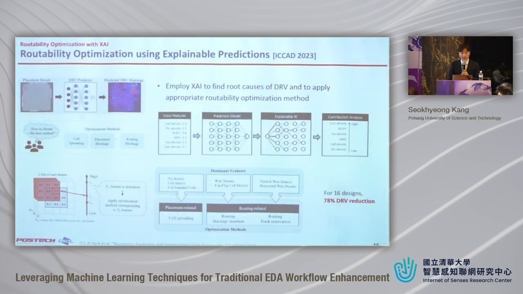The explainable AI can explain why there is the DRV hotspot, and it is related to a square metric. Based on this square metric, we can choose appropriate optimization options. So with this technique, we could achieve more than 70% DRV reduction.